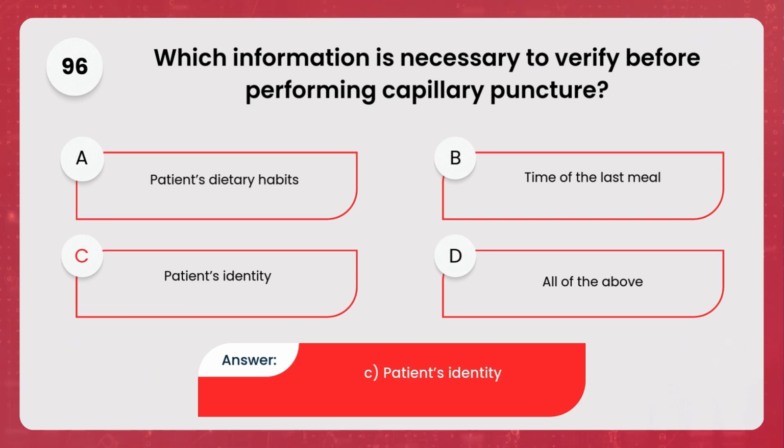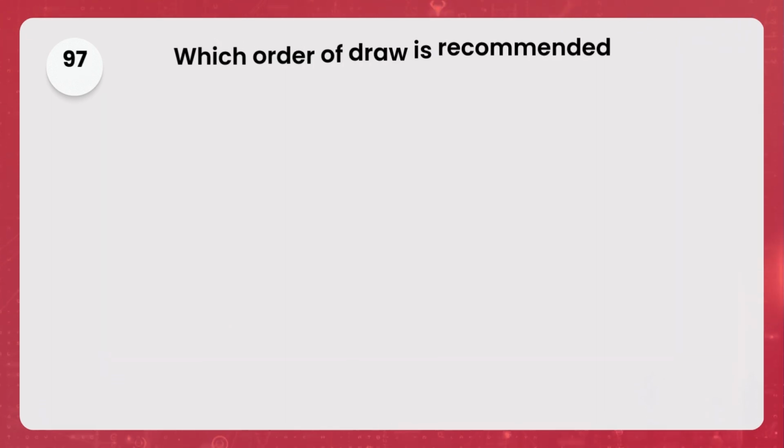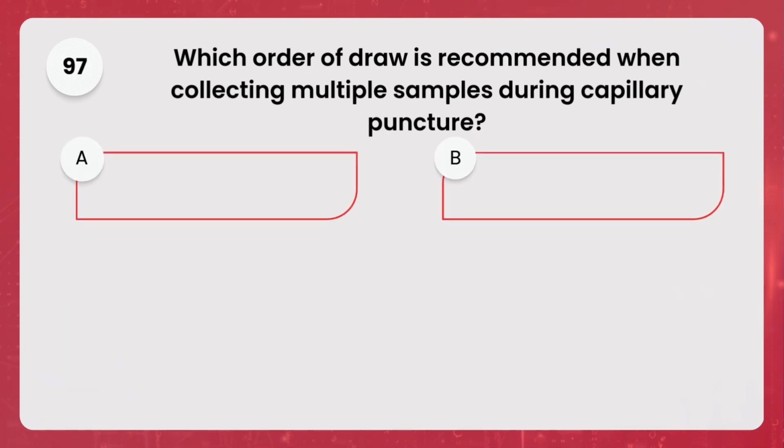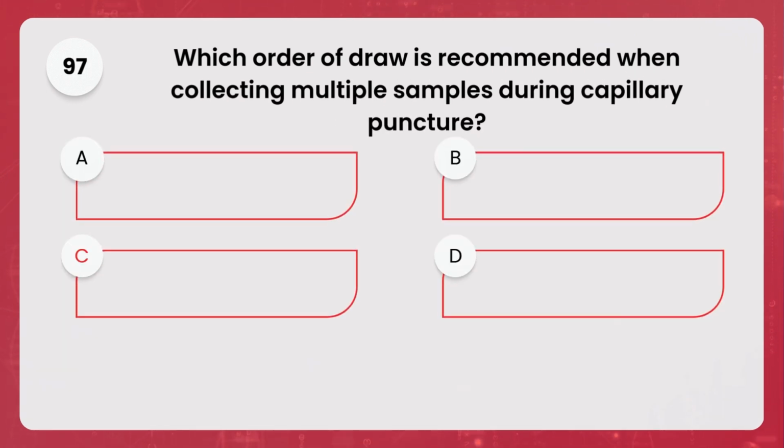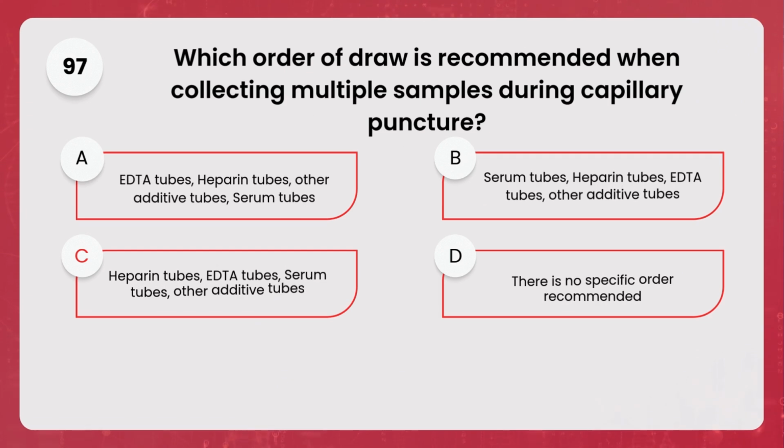Patient's identity. Number 97. Which order of draw is recommended when collecting multiple samples during capillary puncture? A. EDTA tubes, heparin tubes, other additive tubes, serum tubes. B. Serum tubes, heparin tubes, EDTA tubes, other additive tubes.